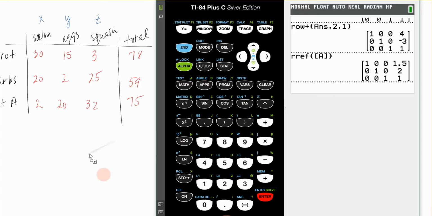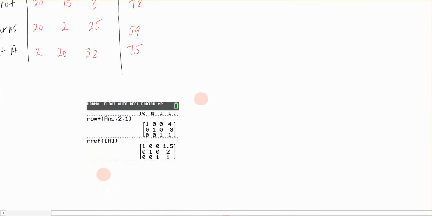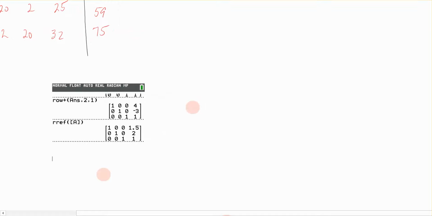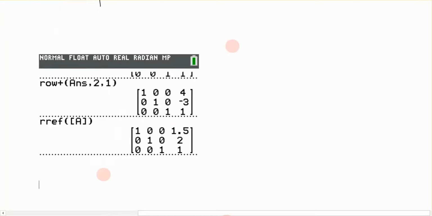So let's drag that over here, and let me highlight it for you, make it a little bit bigger. This says that each of these numbers is the amount of servings for the matrix that I set up.